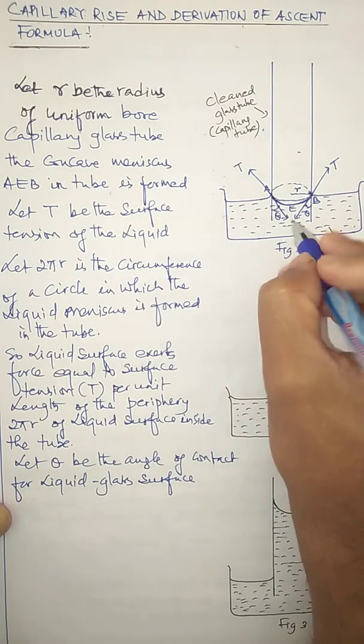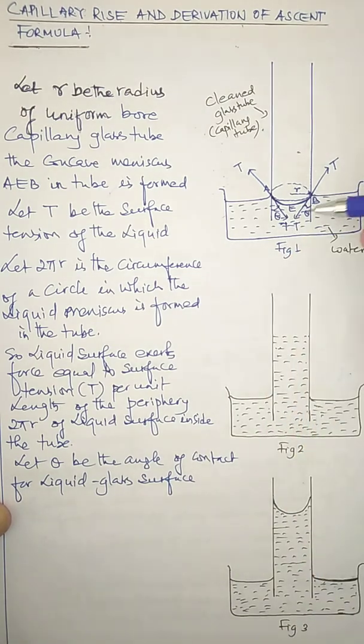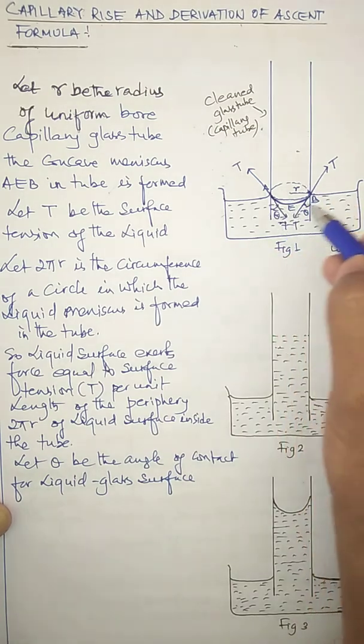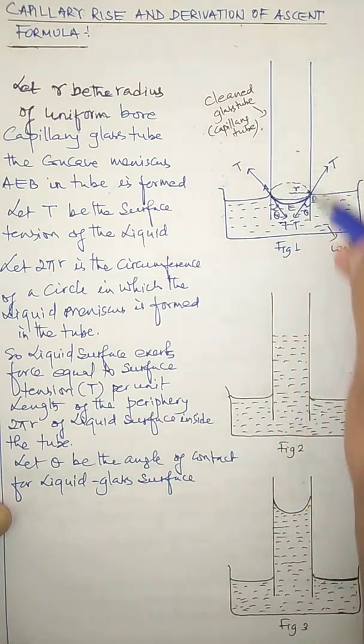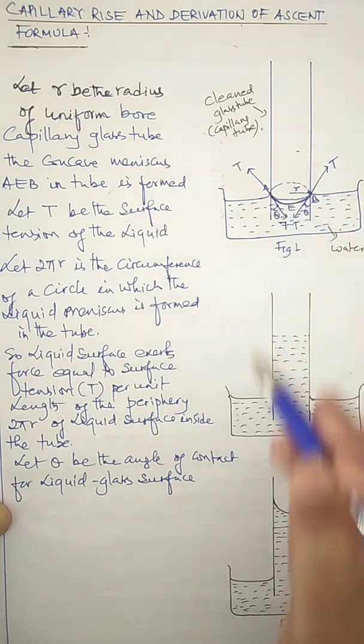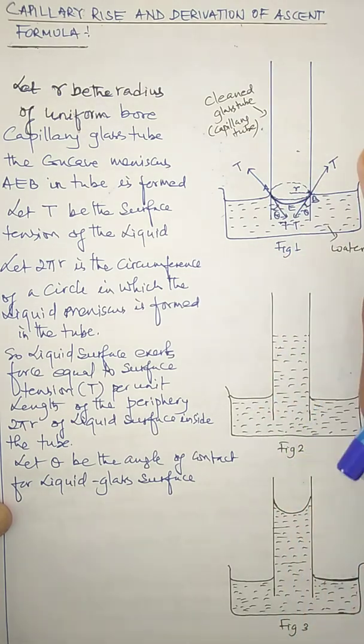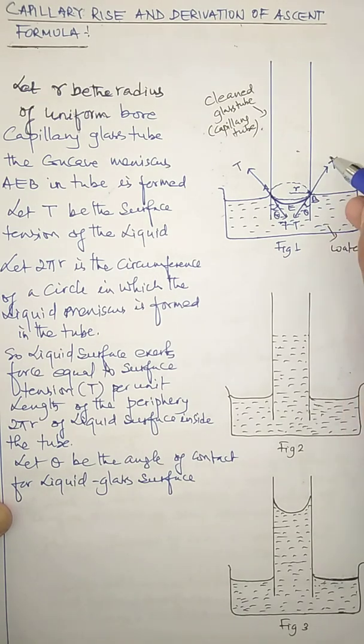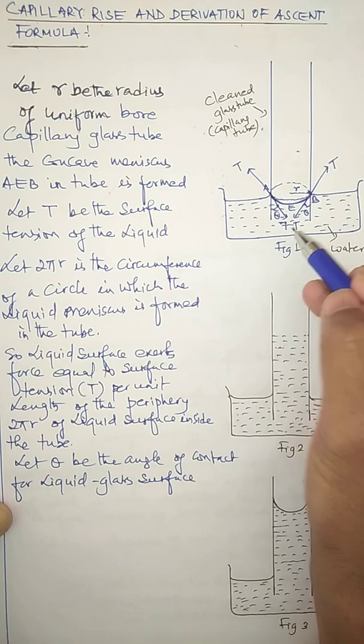Now this force is T, directed inward, due to the surface tension exerted per unit length of the periphery or circumference of the tube. But as per Newton's third law of motion, there is a reaction force exerted in a direction opposite to this, equal to the surface tension.